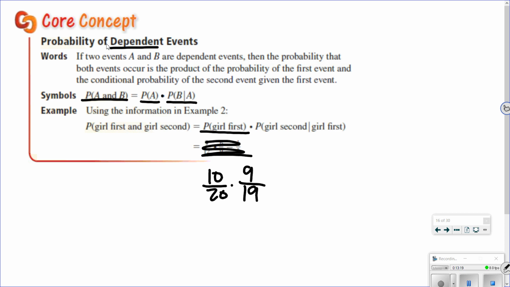Okay, so I times those together and get my answer. So they're really similar. When you see the probability and you're thinking of and, you want both things to happen, you're thinking multiplication. If they're independent, you just multiply the probabilities together. If they're dependent, you multiply the probabilities, but you have to adjust that second probability, assuming that the first one already happened.